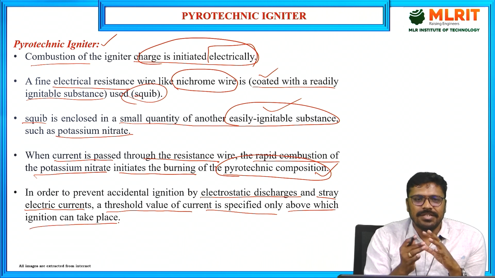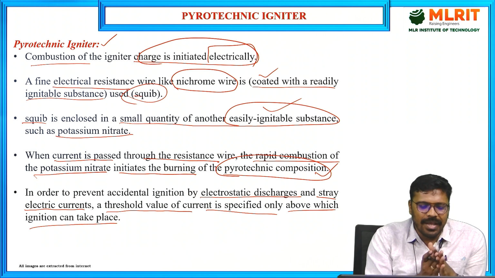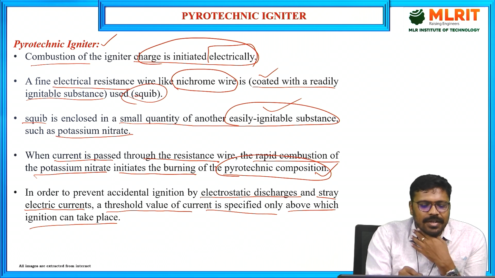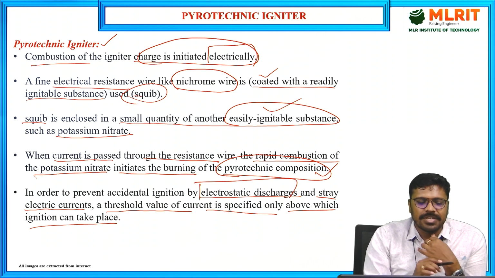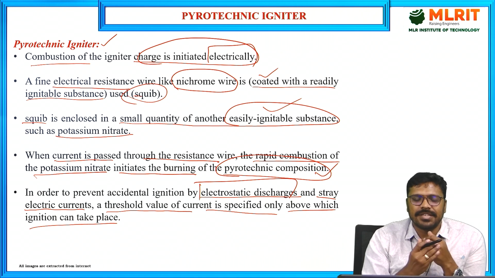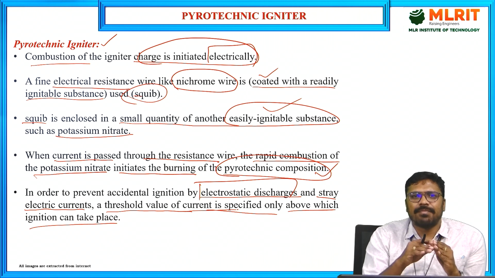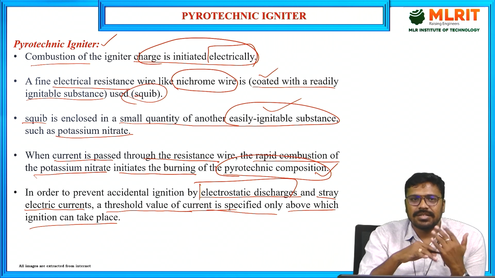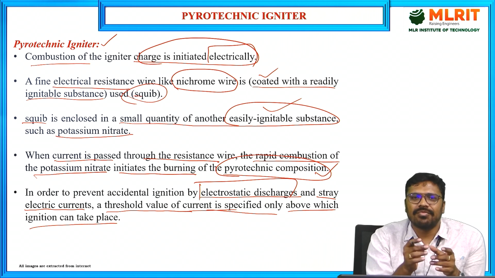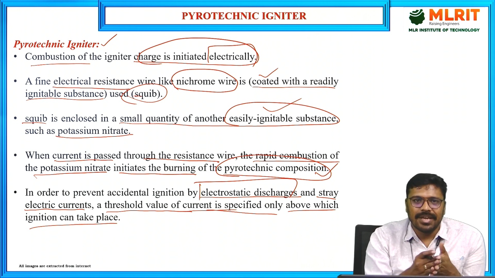We stop accidental electric discharges by controlling the threshold value of current. If the supplied current crosses the threshold value, only then will the nichrome wire get heated.